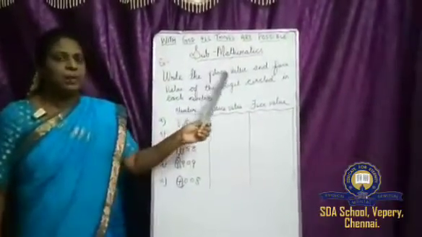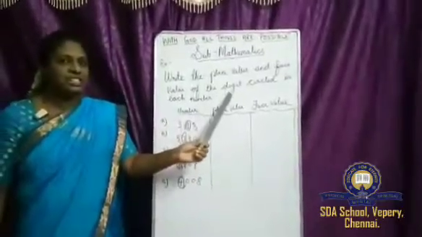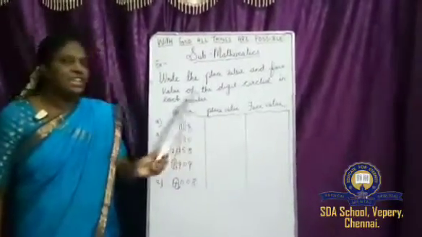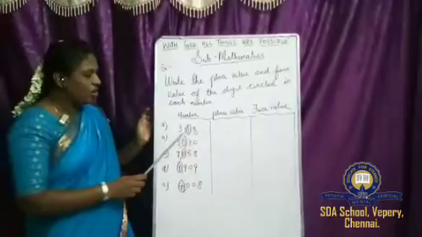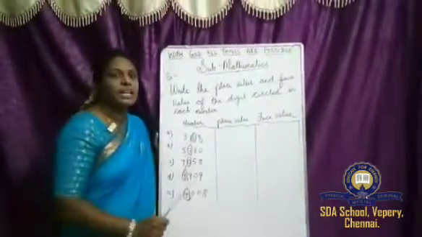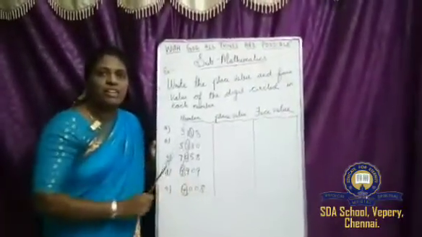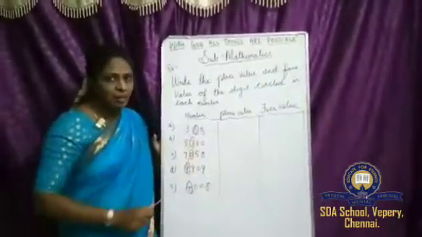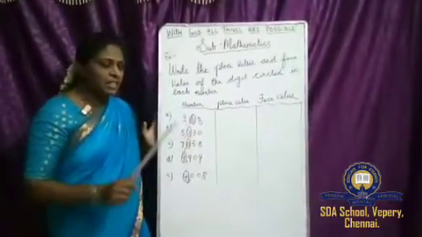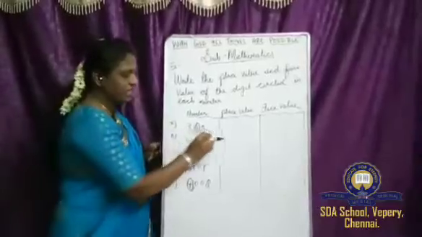Write the place value and face value of the digit circled in each number. Already I have given you 5 numbers. Now what you have to do? Write the place value and face value for the circled numbers.